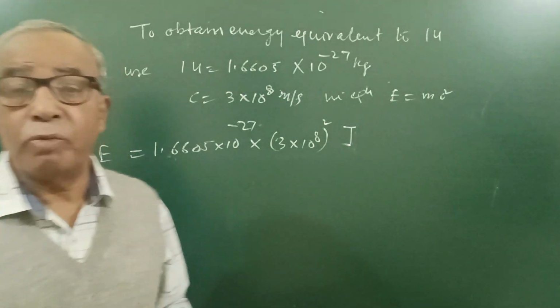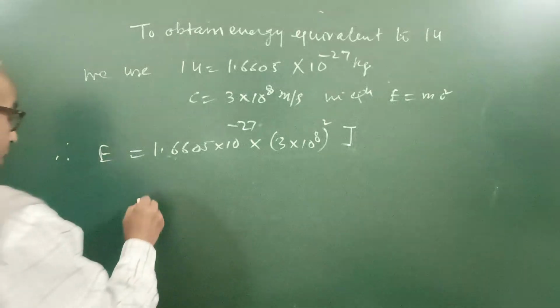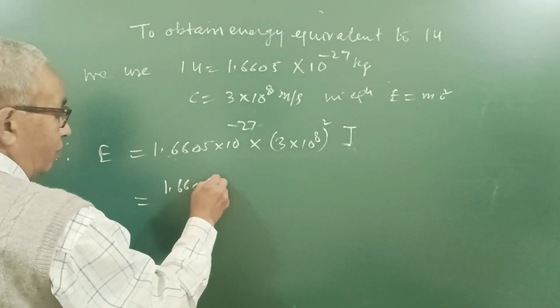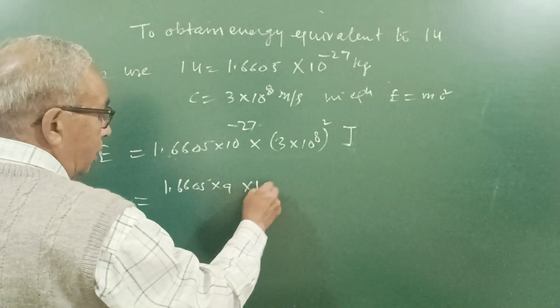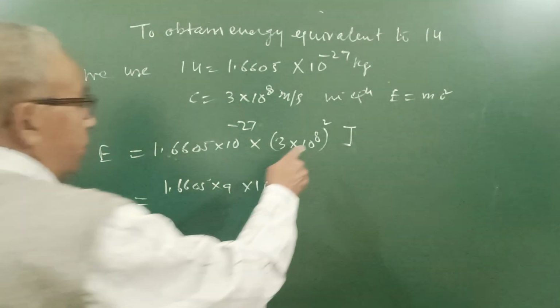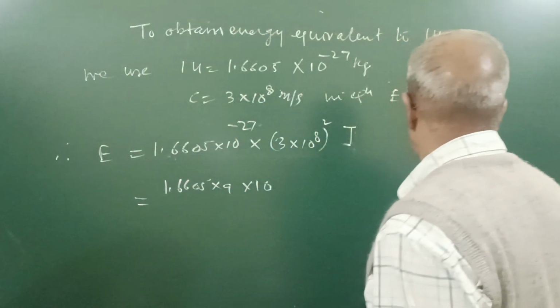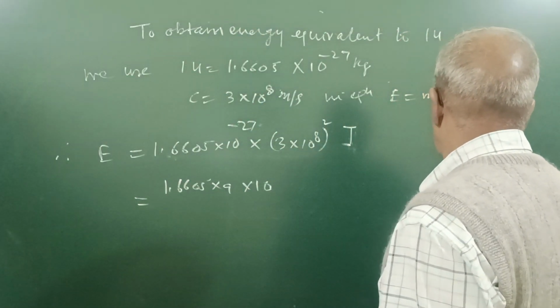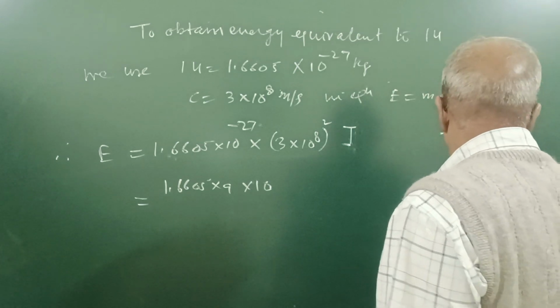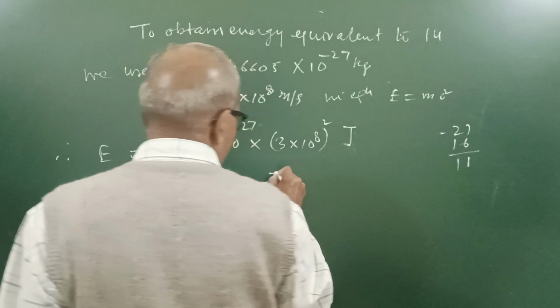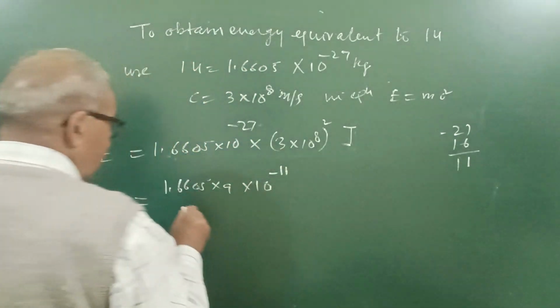Now if we convert that into MeV, it is 1.6605 into 9 into 10¹⁶, that is 10⁻²⁷ times 10¹⁶, so it is about 1.49 × 10⁻¹⁰ joule. Convert that into MeV.